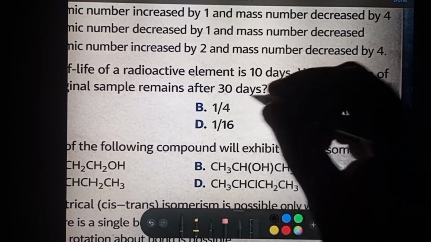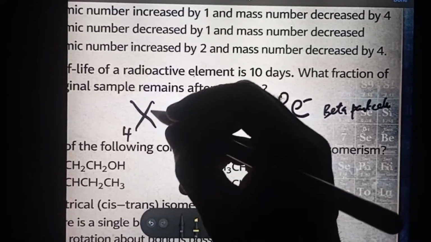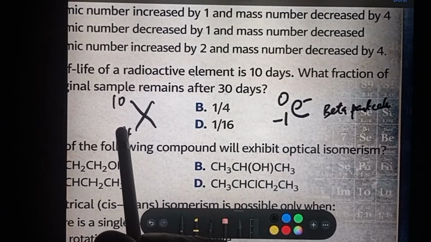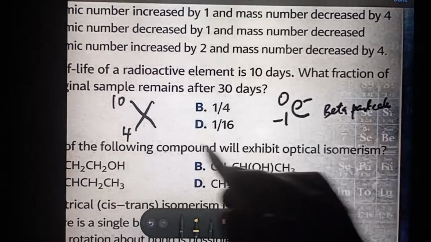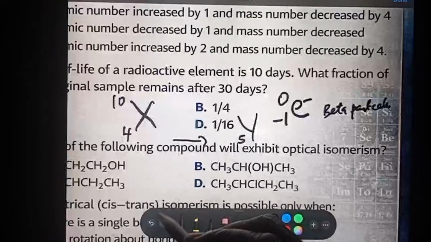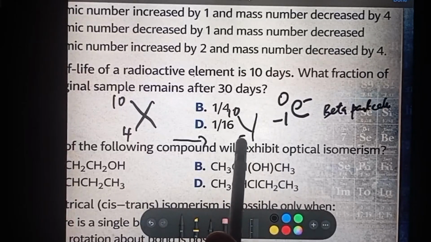That's why, what I'm trying to say is that if this is a radioactive nuclide, with 4 here and 10 here, and it undergoes beta decay, it will give us a new element, Y, that will have 5 here and 10. Nothing will change because this is 0. Why will it have 5?